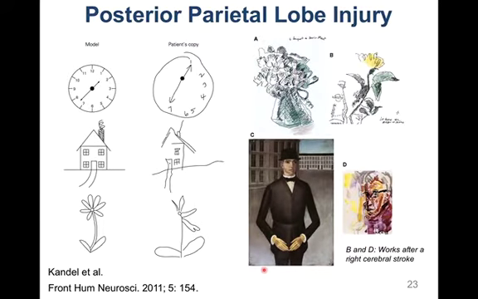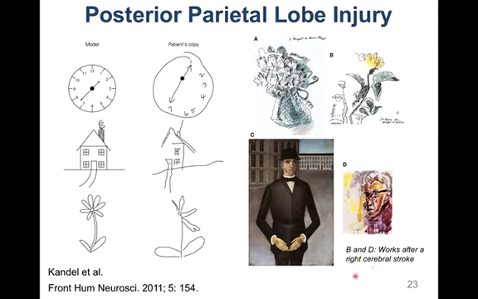And here's an example of an artist. He was most active in the early 1900s. He was a German artist named Anton Räderscheidt. You can see in panels A and C some of his work prior to having a stroke that damaged his posterior parietal lobe sometime after middle age. He continued to paint, but you can see that his works show signs of spatial neglect.